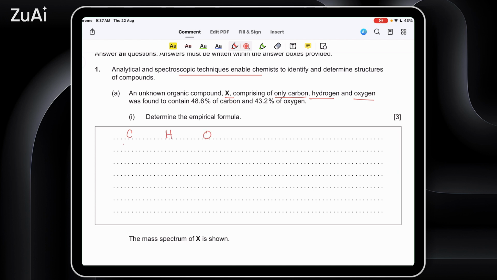So carbon consists of 48.6, oxygen consists of 43.2, and for the hydrogen, it is 100 minus their sum, so it should be 8.2.